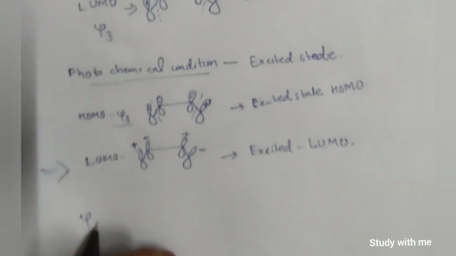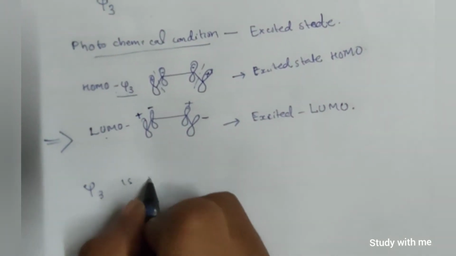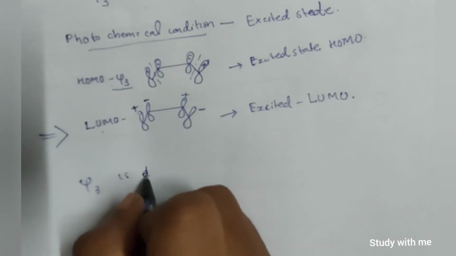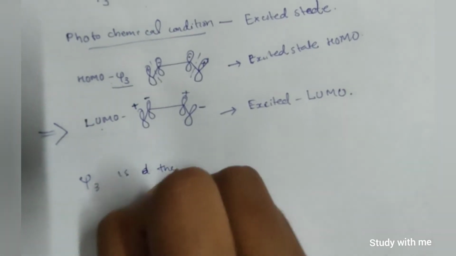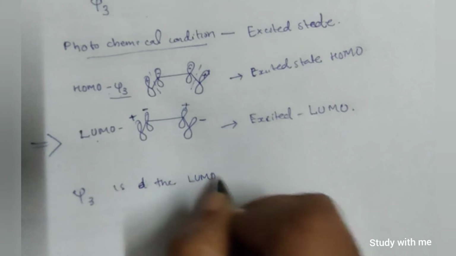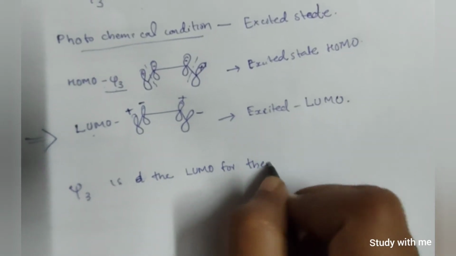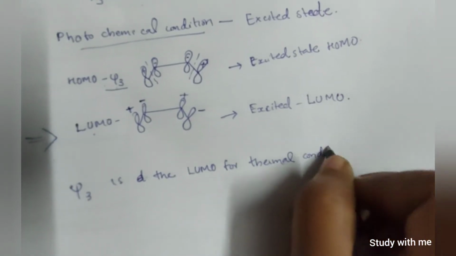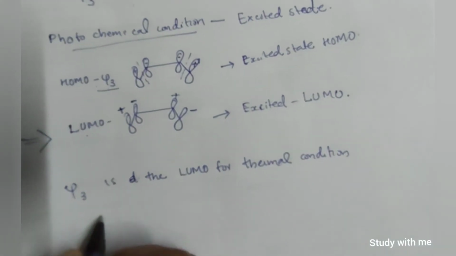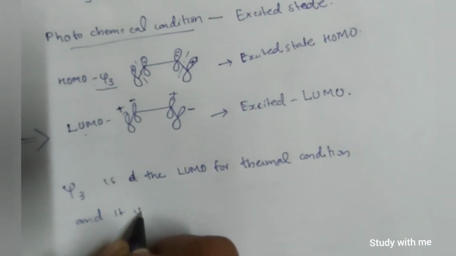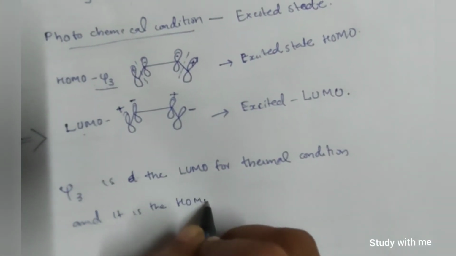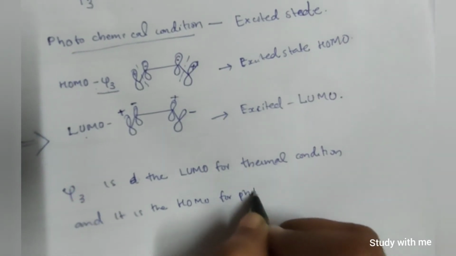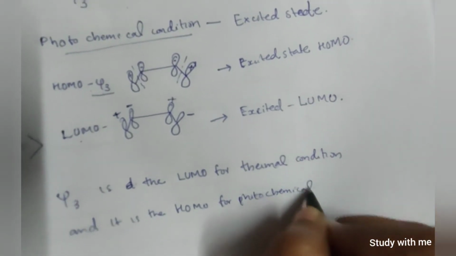So psi 3 is the LUMO for thermal condition and it is the HOMO for photochemical condition.